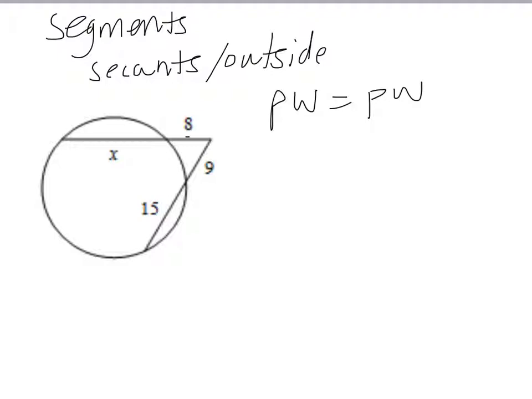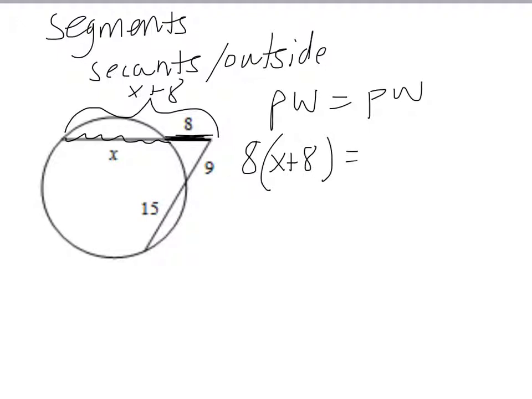So I look at my first segment, and my part is 8, and then the whole thing is this part plus this part, so x plus 8 equals, and now on this side, this is my part, which is 9, and then the whole thing is this part plus this part. So 9 plus 15, which is 24.